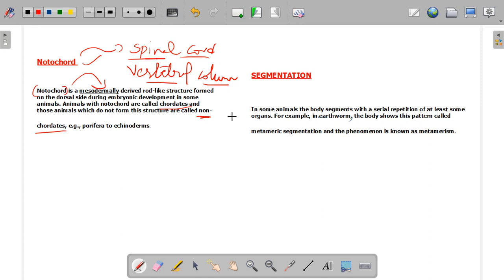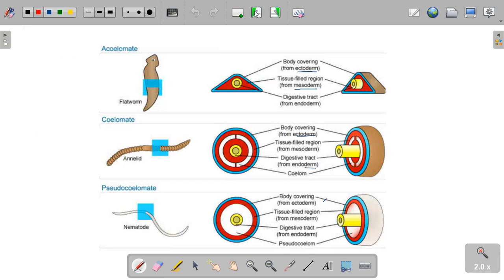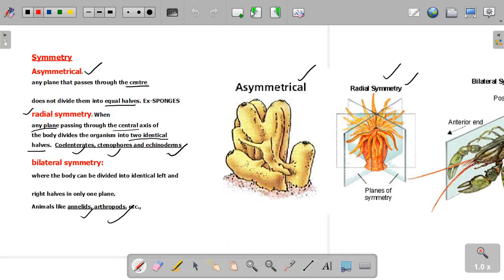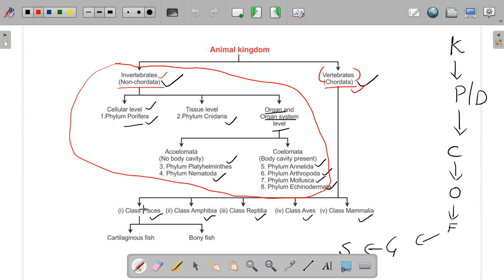Without a vertebral column, they're called invertebrates. Organisms which don't have a notochord obviously will not have any vertebral column or backbone. Those having a notochord also have a vertebral column. All the chordates, starting from fishes, amphibians, reptiles, aves, mammals, all of them have a notochord protected by the vertebral column.